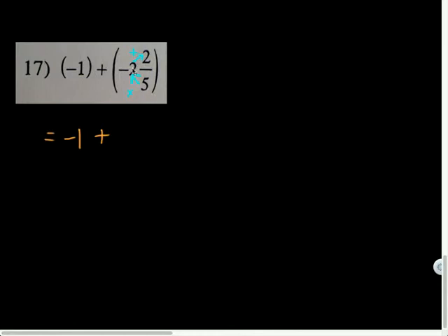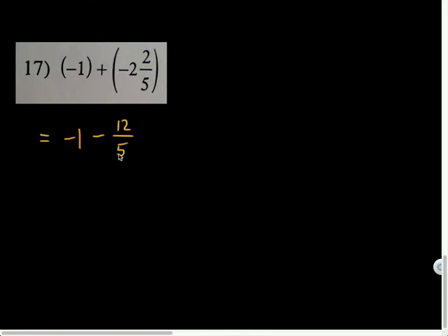So 5 times 2 is 10. 10 plus 2 is 12. And this is negative. I guess I could actually have gotten rid of this plus sign. Right? Minus 12. And it's still in terms of fifths.